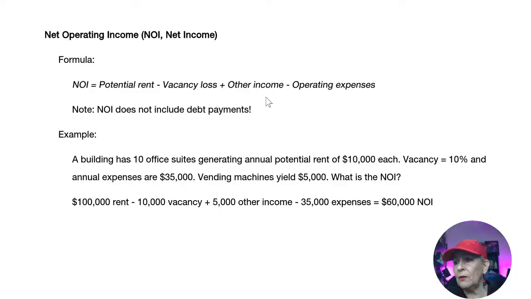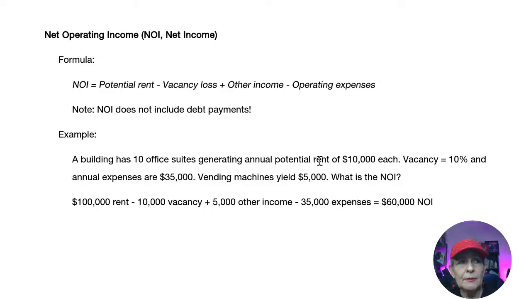Maybe they have a laundromat or other income. No, NOI does not include debt payments. So property taxes, no, any mortgage payments, is not included in there.